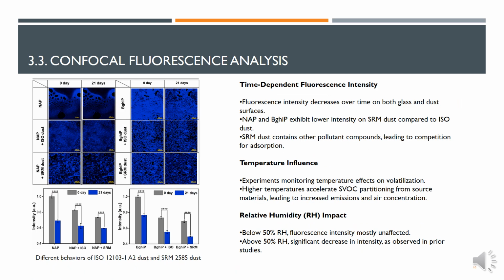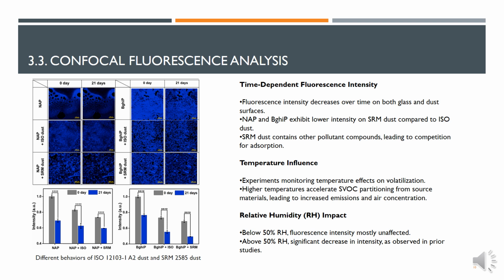So the fluorescence intensity decreased over time on both glass surface and dust samples. The intensity of both naphthalene and benzopyrene on SRM dust was lower than on iso dust. This can be explained by the fact that SRM dust is a type of house dust certified as having other pollutant compounds present.